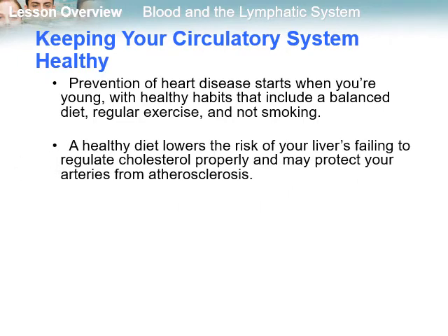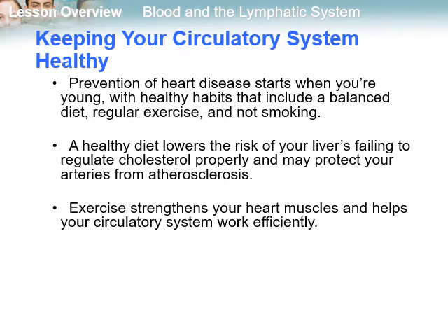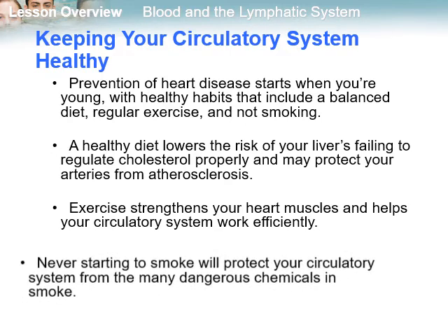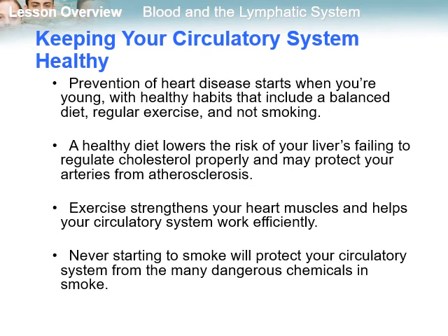A healthy diet lowers the risk of your liver failing to regulate cholesterol properly and may protect your arteries from developing atherosclerosis. Exercise strengthens your heart muscles and helps your circulatory system work efficiently. Never starting to smoke will protect your circulatory system from the many dangerous chemicals in the smoke.